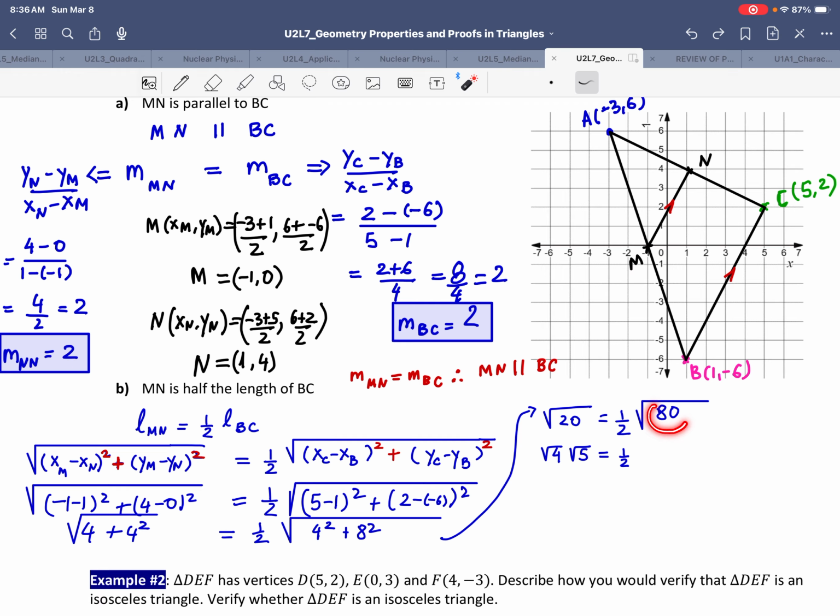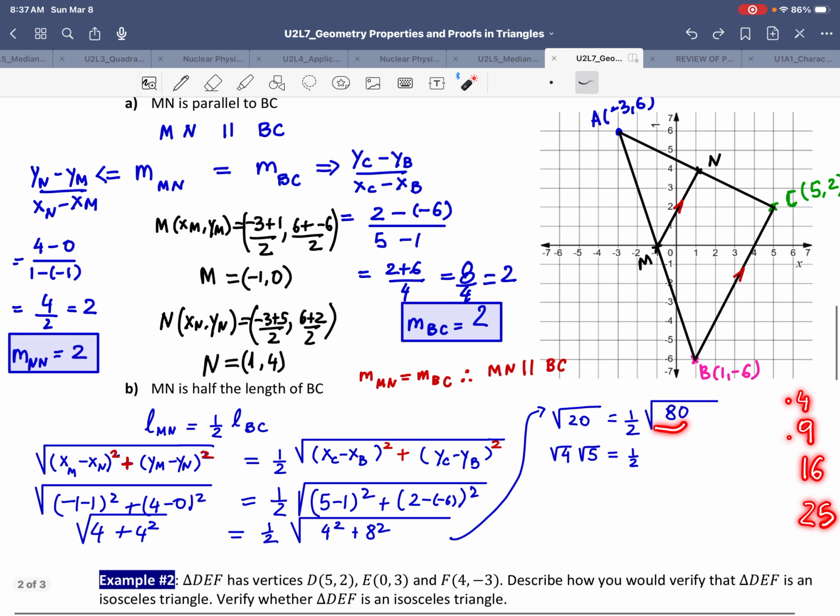Now we have to think of breaking down 80 into two factors, one of which is a perfect square. So again, I'm going to go over perfect square numbers, which are 4, and then 9, and then 16, and 25. And I will try to divide 80 by each of these numbers and see which one works best.